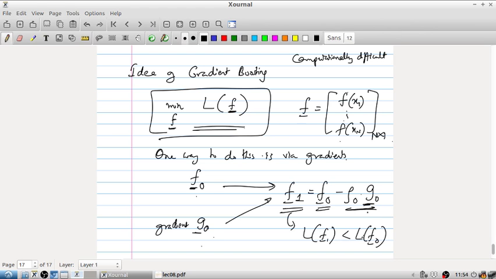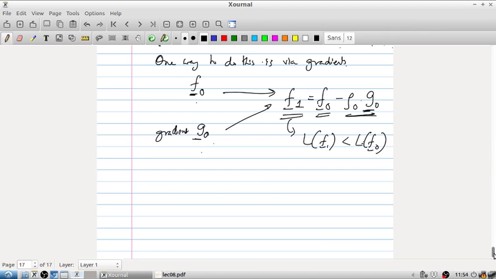So what is the intuition behind gradient? If you can evaluate the gradient of a function, let's say this is x and this is a function of x.